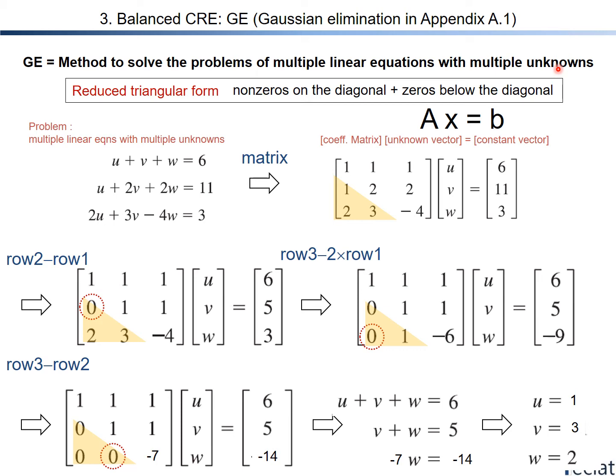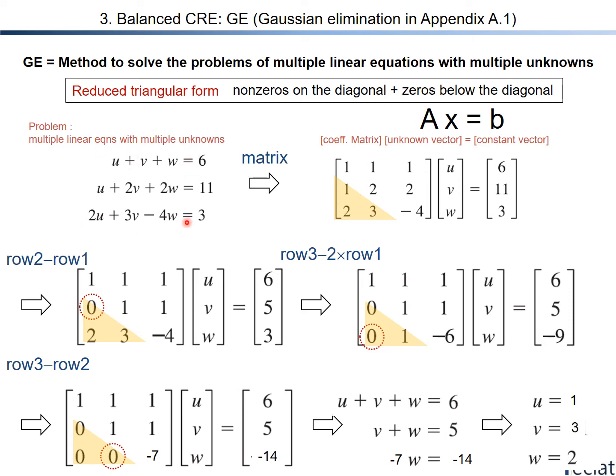Then sometimes it is a little bit more difficult to solve the problem. So we need to have a systematic method to calculate the multiple linear equations with multiple unknowns. That is the Gaussian elimination method, or GE. GE stands for Gaussian elimination. So the GE is the method to solve the problems of multiple linear equations with multiple unknowns.